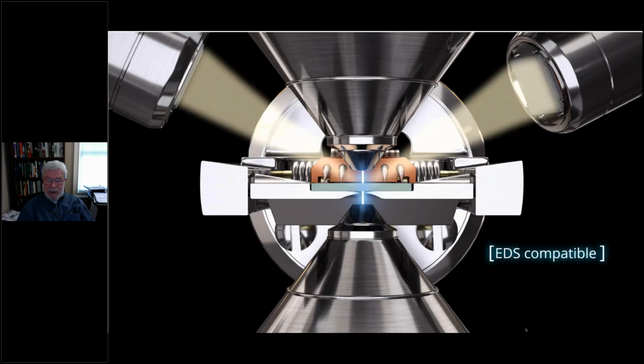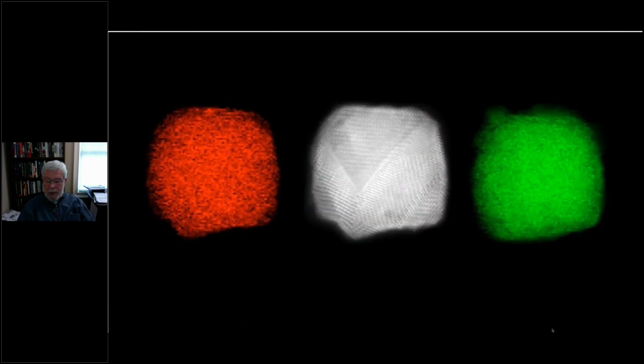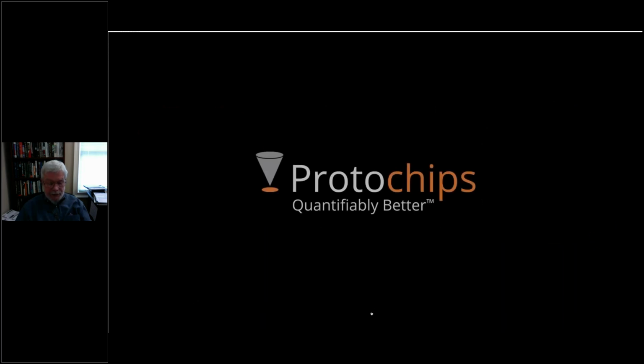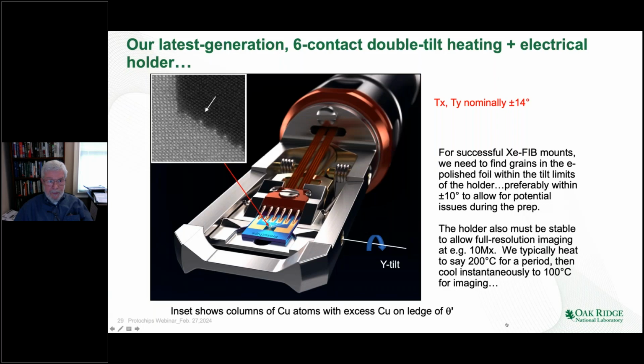And finally, you can get x-rays out with modern dual EDS detectors. So this gives you good stability for imaging and the correct orientation, so you can look at atomic columns.